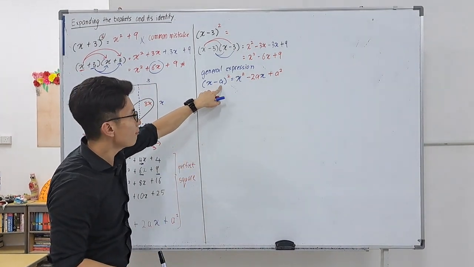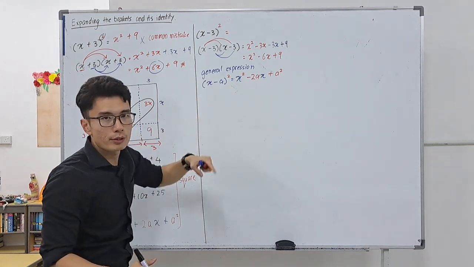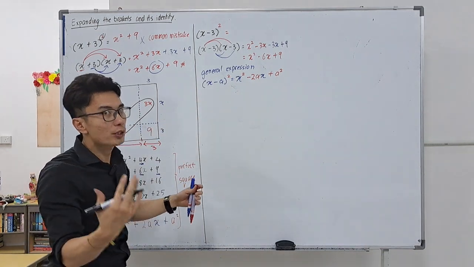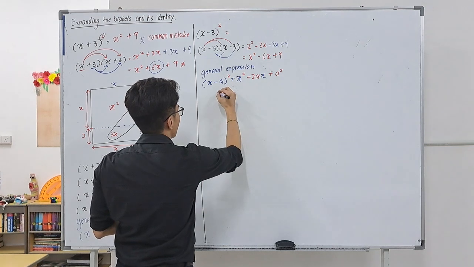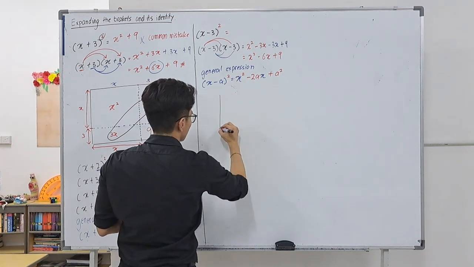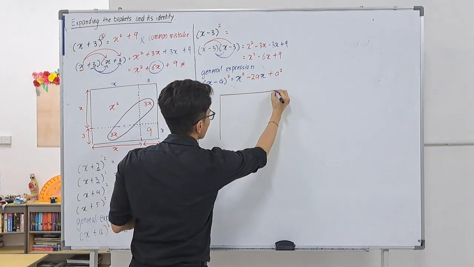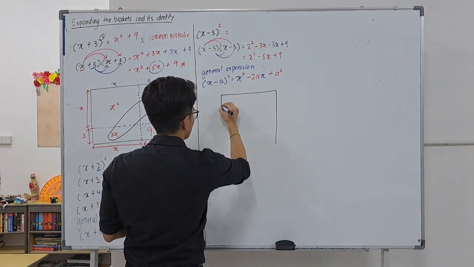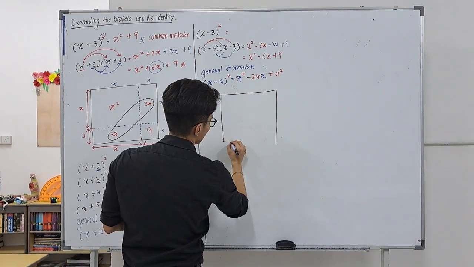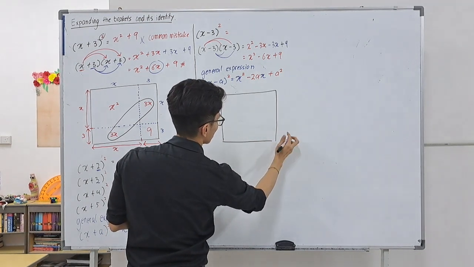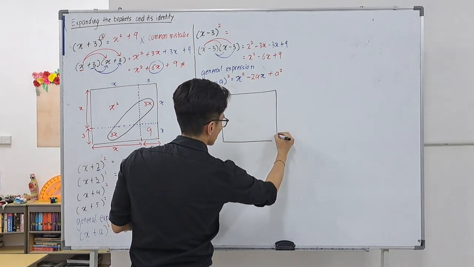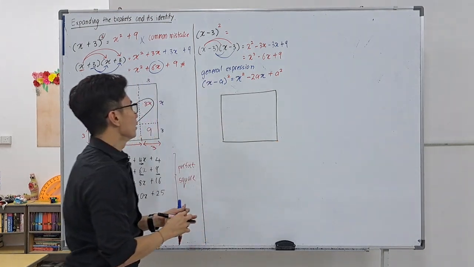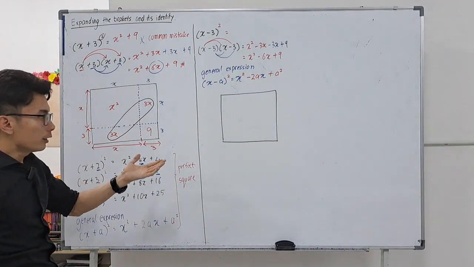Since we have the same length and we square it, once again, we are dealing with a square. So let me draw my square again over here. Let's draw a bigger one. All right. Now I have my square here.